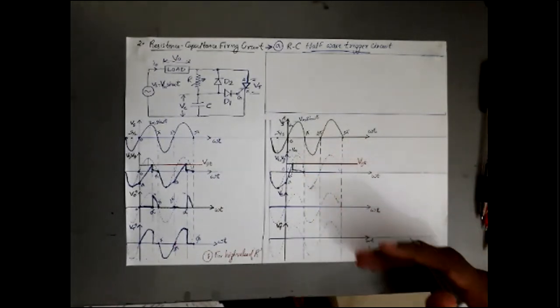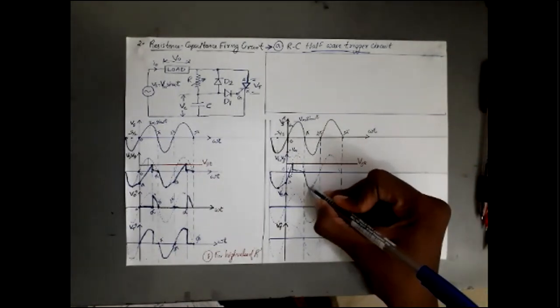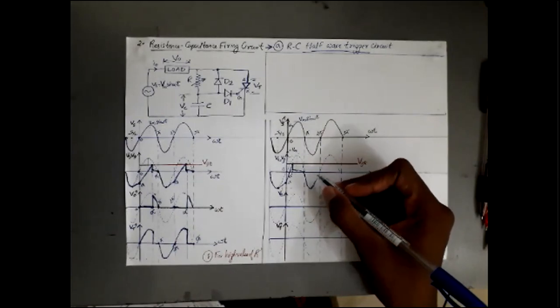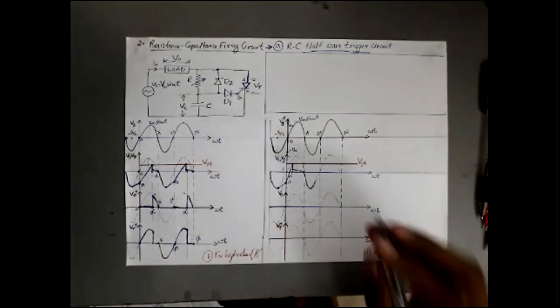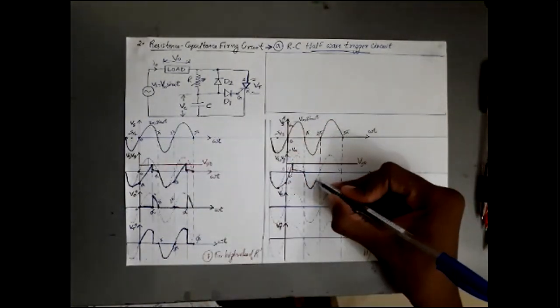Negative half cycle starts, and the voltage across my capacitor will be negative due to the presence of D1. That voltage will not appear across my gate cathode, that is, charging current will not be flowing through the gate cathode circuit due to the presence of D1, because negative voltage appears across my VC during the negative half cycle through D2.